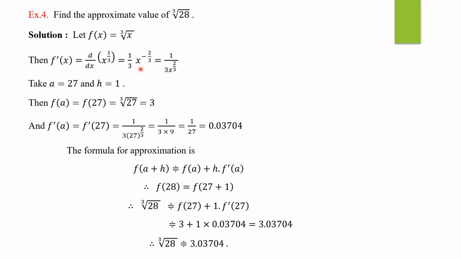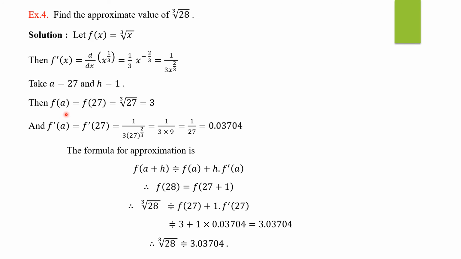We get 1 by 3 into x raised to minus 2 by 3. Simplifying, we get 1 divided by 3 into x raised to 2 by 3. The number 28 is split as 27 plus 1. Hence, a equal to 27 and h equal to 1.